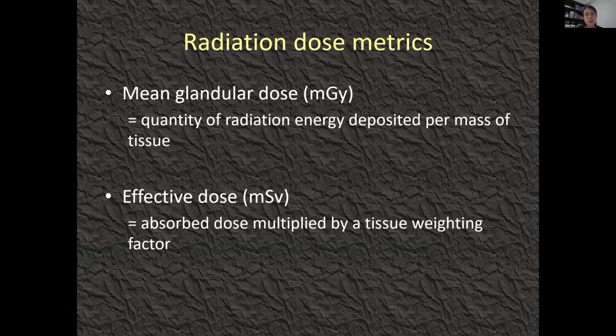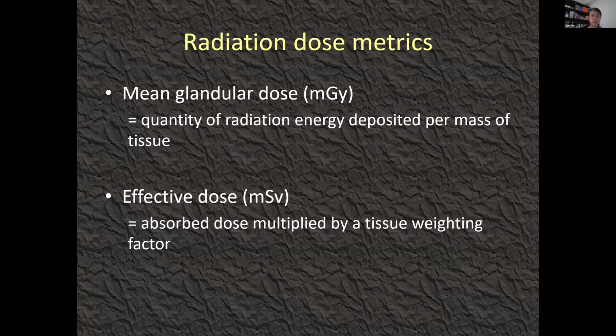These are some radiation dose metrics. The previous speaker had already talked about it. So briefly, the mean glandular dose, or MGD, is the quantity of radiation energy that's deposited per mass of tissue and is expressed in milligray. This is the metric that is used, I think, most widely by physicists and other healthcare professionals in measuring breast dosimetry, as well as in quality control.